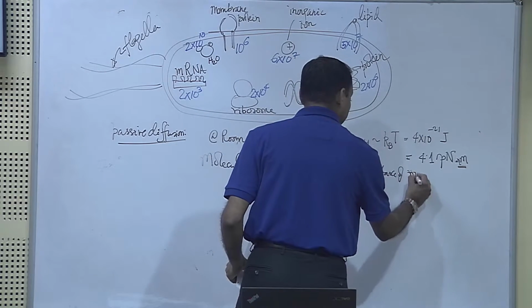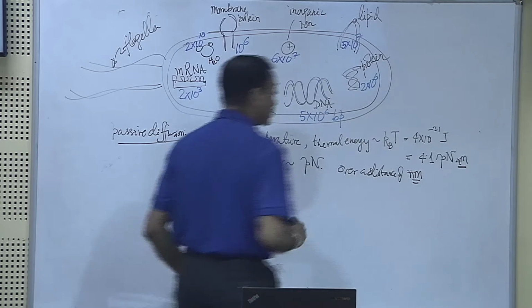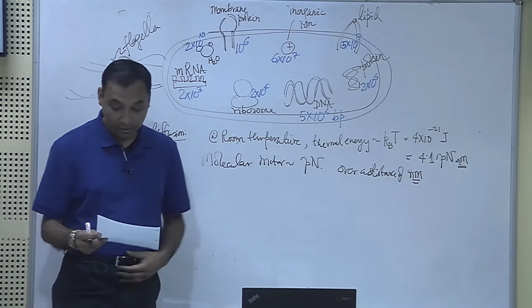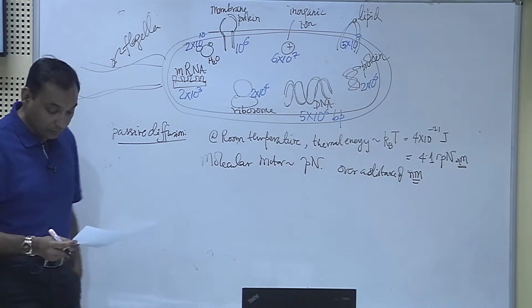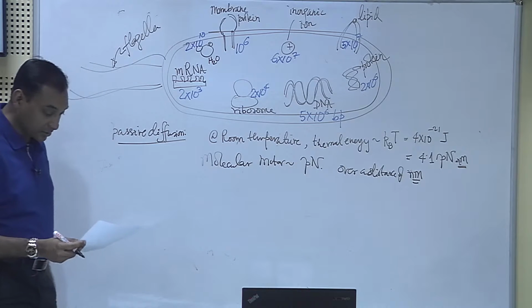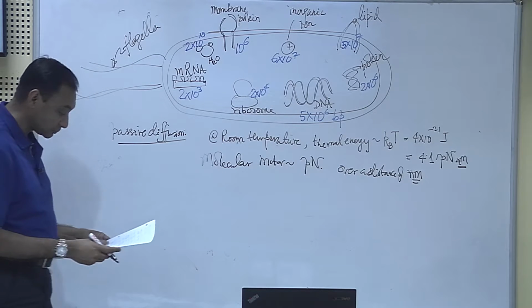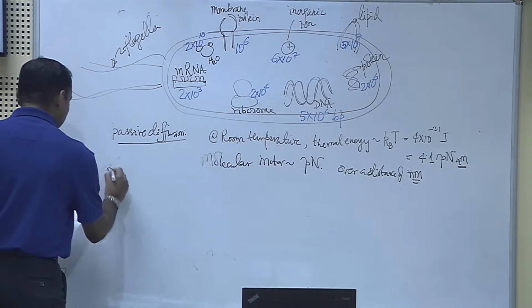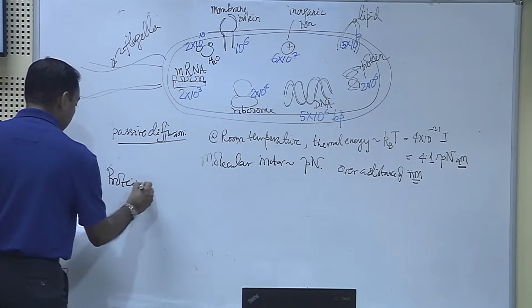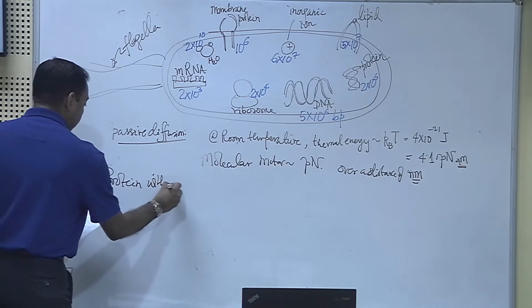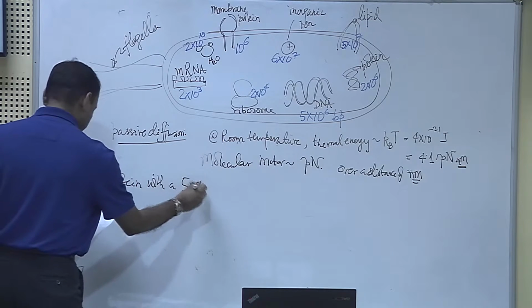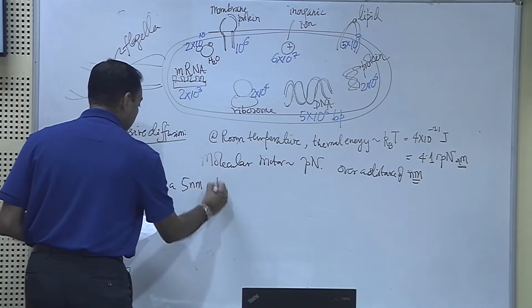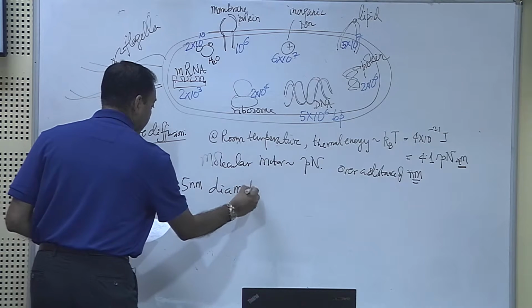So, your kBT energy becomes almost comparable to what you see in terms of the thermal forces. Say, for example, a protein with a 5 nanometer diameter, what will be the diffusion coefficient?